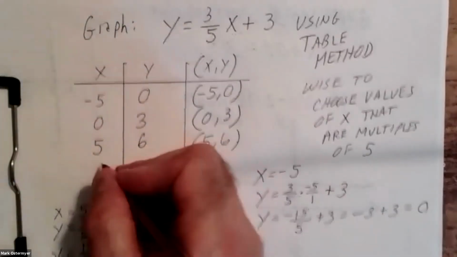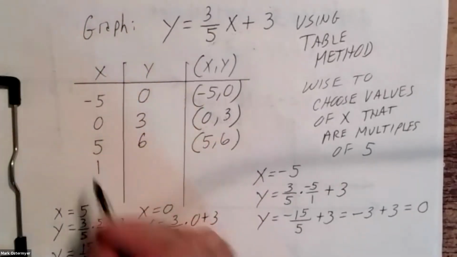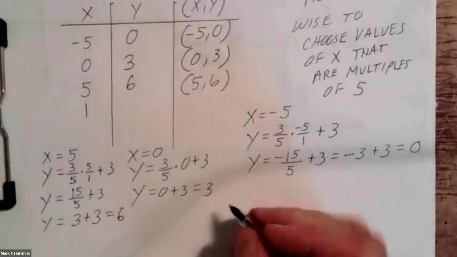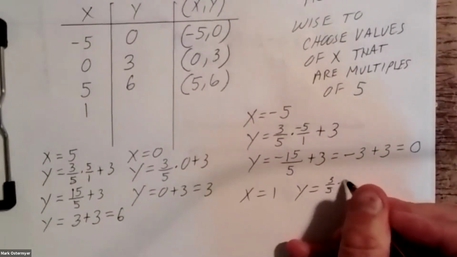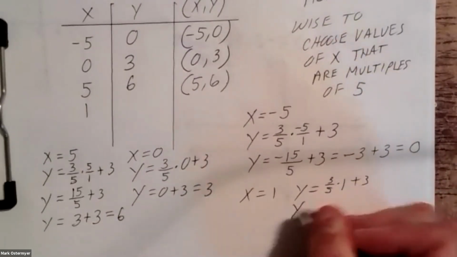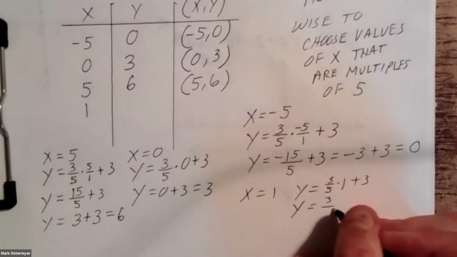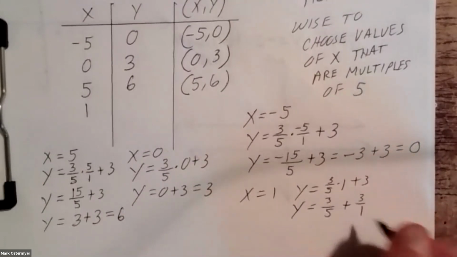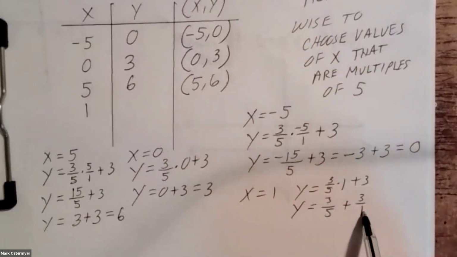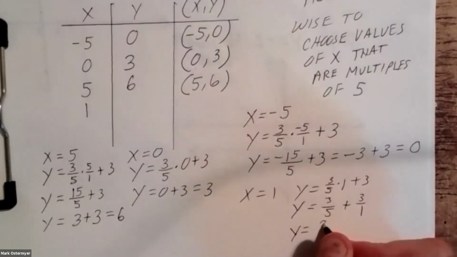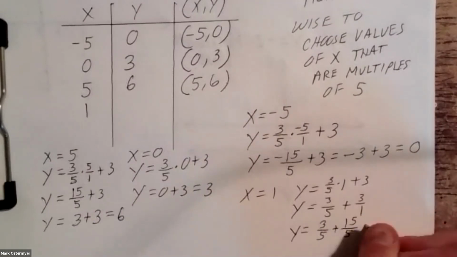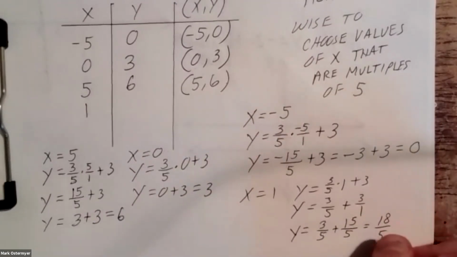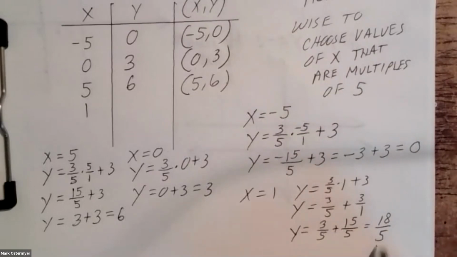Ladies and gentlemen, if you choose 1 for x, that's not a good choice, because if you let x be 1, y is going to be 3/5 times 1 plus 3. y is going to be 3/5 plus 3. And now you got to get a common denominator, which is 5. So y would be 3/5 plus 15 over 5, which is going to be 18 over 5. But that's going to be difficult to plot. Do you agree? 18/5.